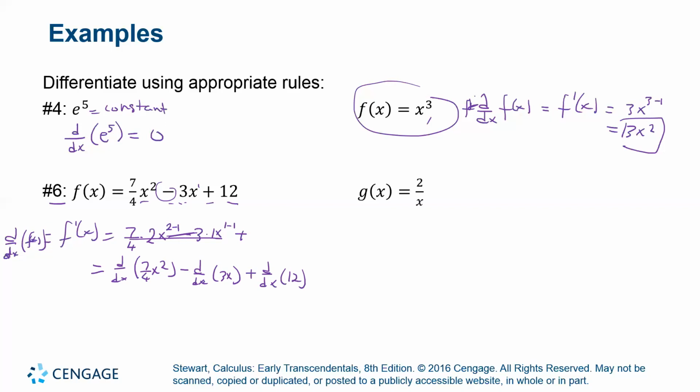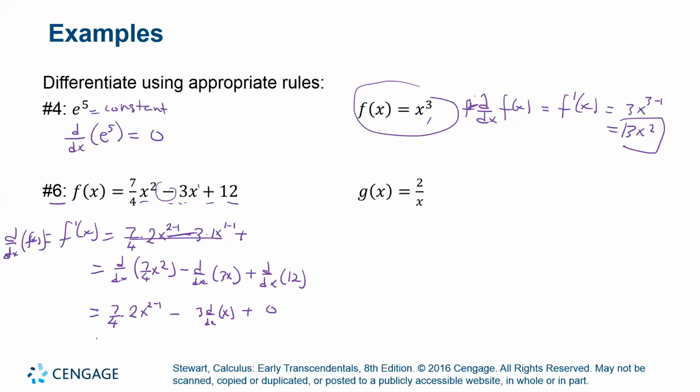I can differentiate without having to put the operators on each of the terms like that. So this would be 7 over 4 times 2 times x to the 2 minus 1. Using the power rule, the minus, you bring the 3 outside and you differentiate this. If you differentiate x, what do we get? Then plus, if you differentiate a constant, we know that's going to be 0.